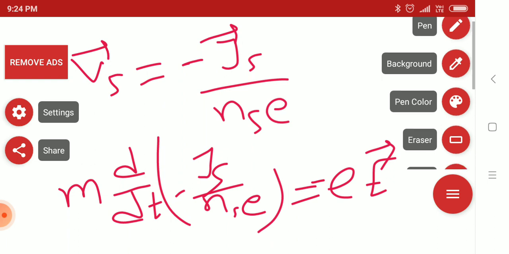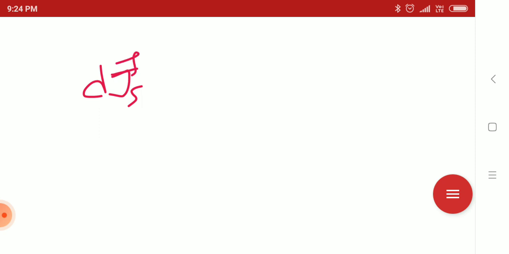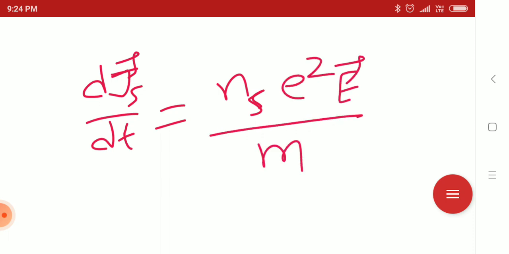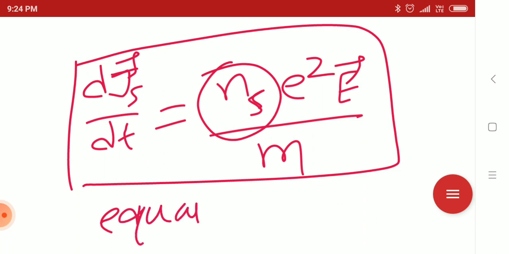So it can be written as dJs by dt equals ns e square E vector divided by m, where ns is the number of super electrons, e is the electron charge, E is the vector, and m is the mass of the super electron. So it is the equation of motion of the super electron, or we can call it London's first equation.